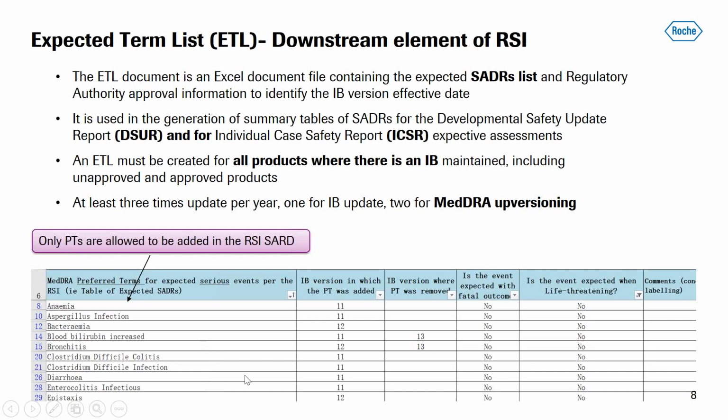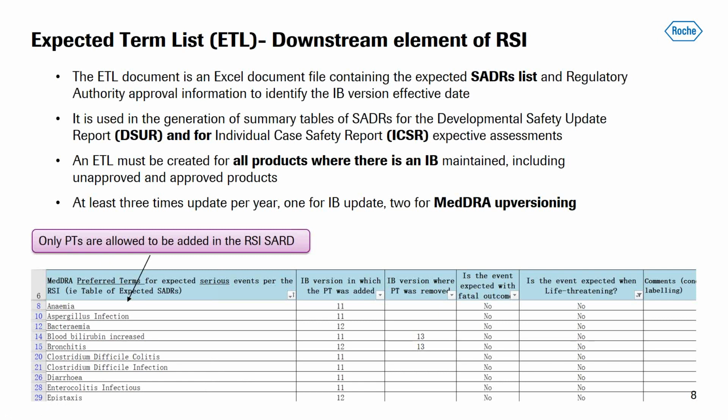Actually, this document also contains some regulatory information, like the time from which the IB has been effective. So this expected term list is used in generation of the summary table of the SADR for periodic safety reports like the DSUR, and for the individual case safety report, ICSR.